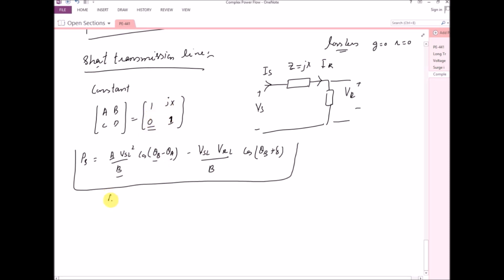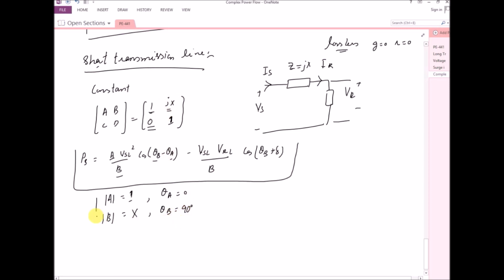So the A magnitude is equal to 1 and theta A is equal to 0. For B, which is jX, the magnitude is equal to X and theta B is equal to 90 degrees because for j, the angle is 90 degrees.